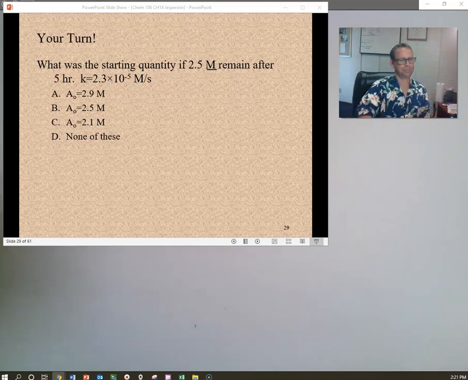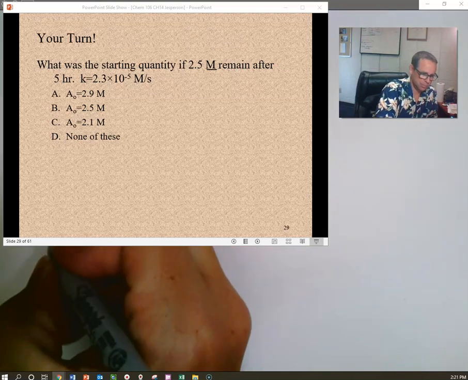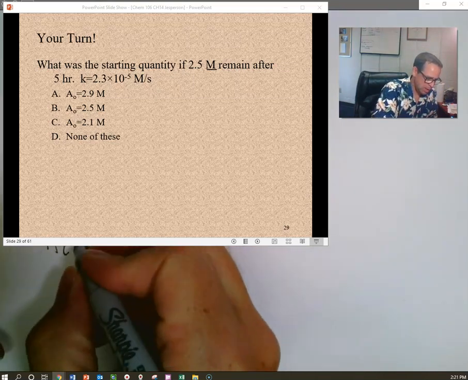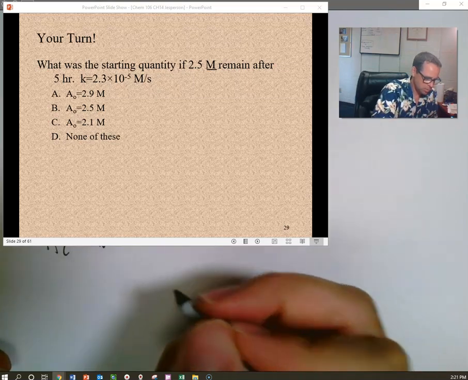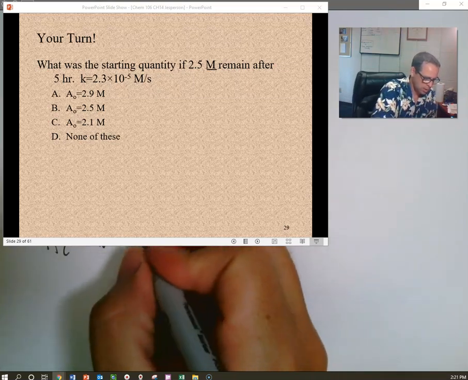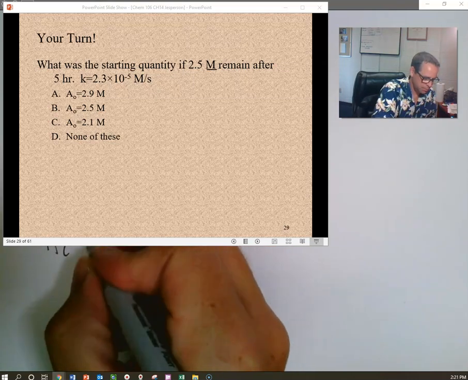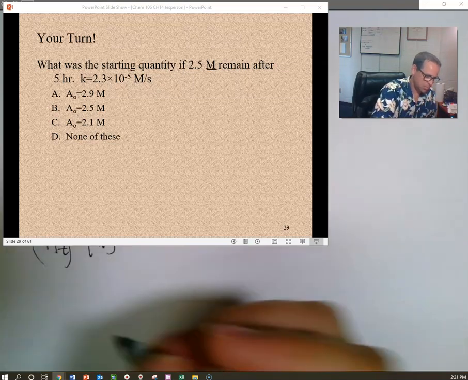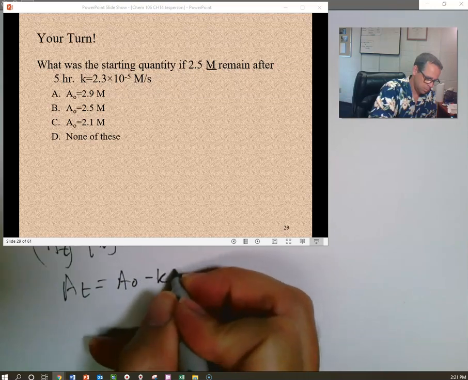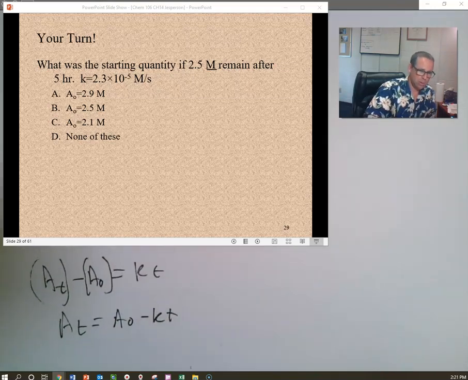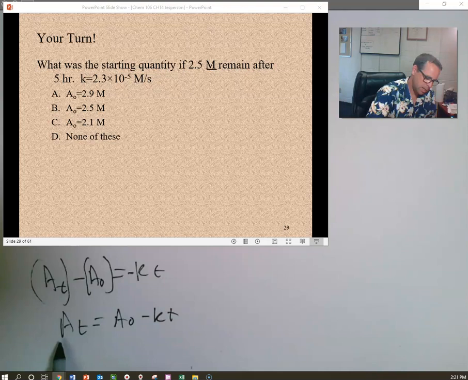So why don't you tell us, what'd you do? How'd you solve this one? We used the equation AT minus A0 equals KT, is that what you said? No, I said AT equals A0 minus KT. All right, I'll put an equal sign in there because they're the same thing. What'd you put in for AT?